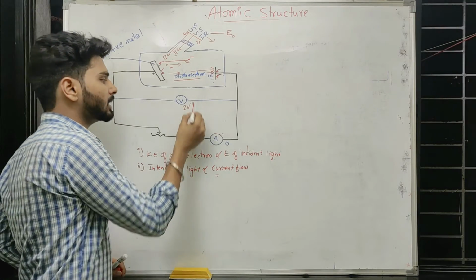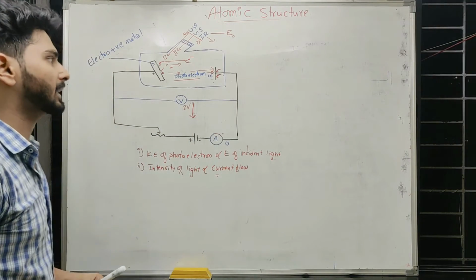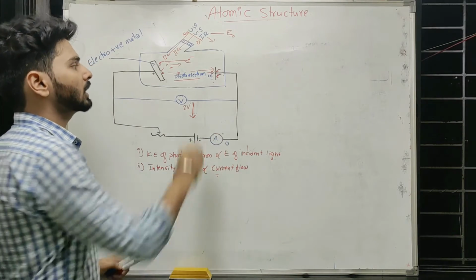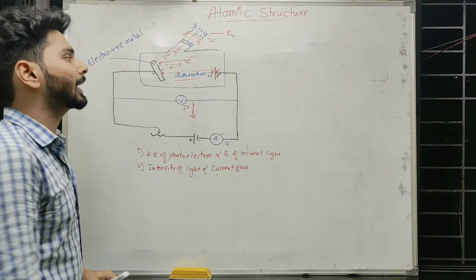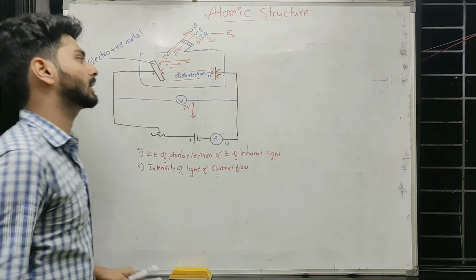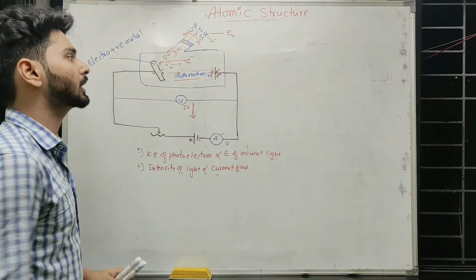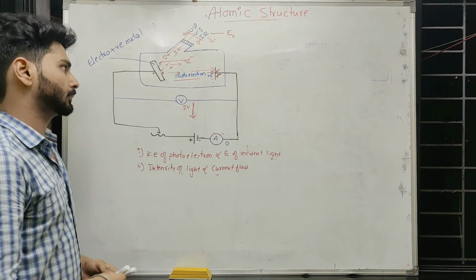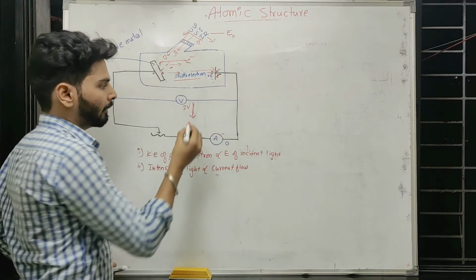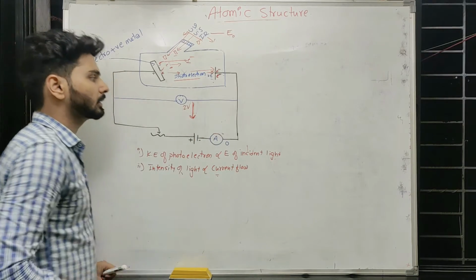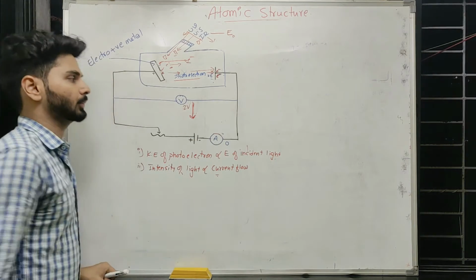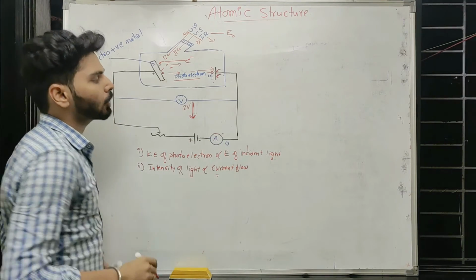So when I increase the negative potential further, gradually the current will go down, because a few more photoelectrons are now not able to enter the circuit. Still further I increase the negative potential till the current becomes zero. When the current becomes zero, what does that indicate?